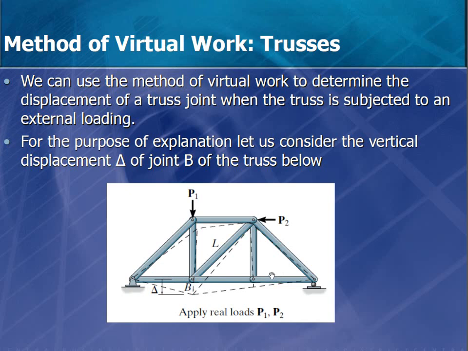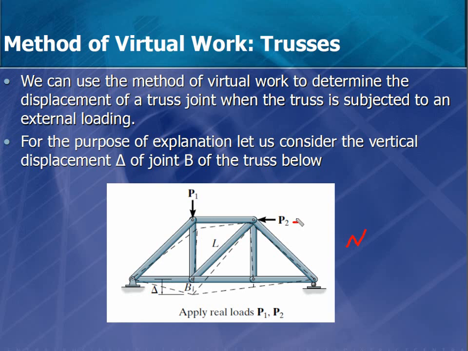In other words, I can calculate capital N, which will be used to find the deformation through each of the bars. We have capital N, which is the internal force due to the real loads. Now N is going to be different for each bar, yes?